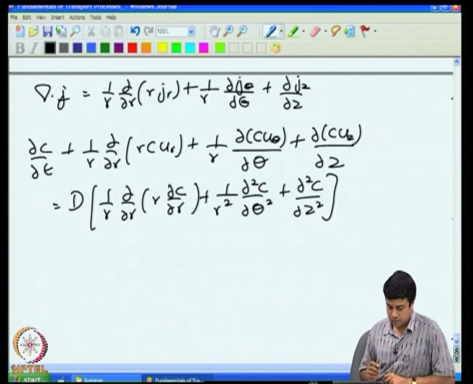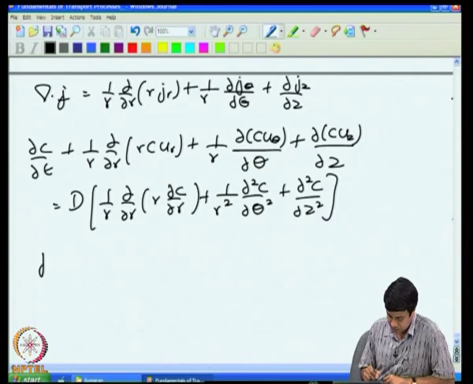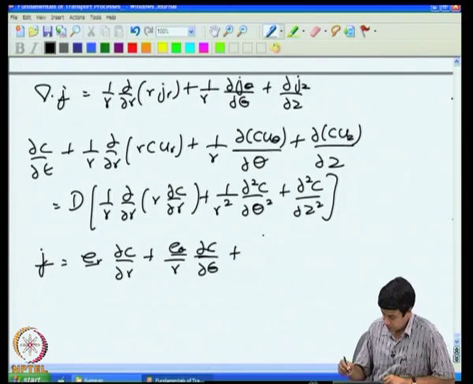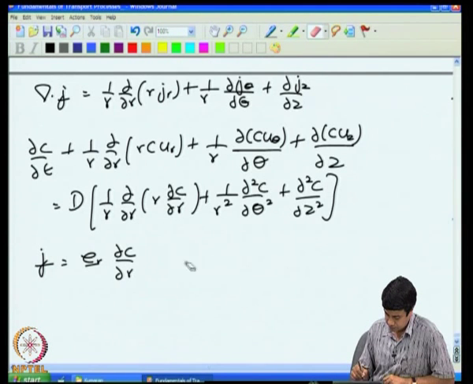If I substitute Fick's law of diffusion, which is basically that J vector is equal to e_r partial c by partial r plus e_theta by r dc by d theta, I should put a minus D there.